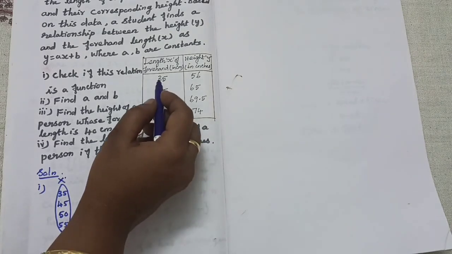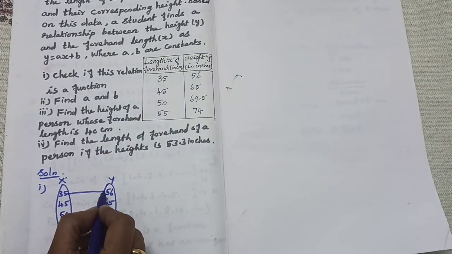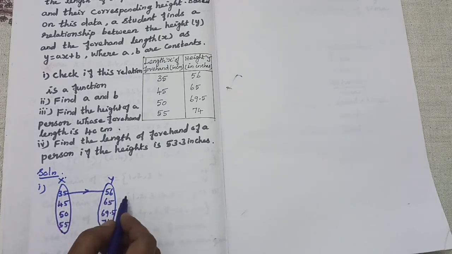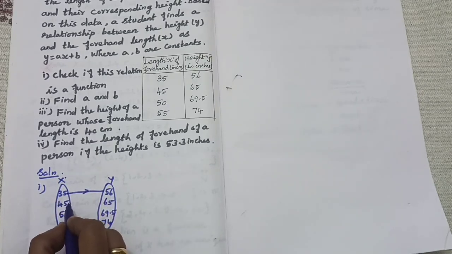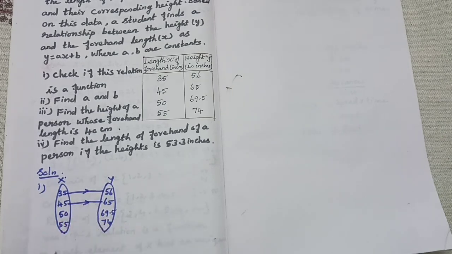Then mark it. Here 35 is related to 56. Then 45 and 65. You must put the arrows in this arrow diagram. Then 50 and 69.5, 55 and 74. Now you check it.